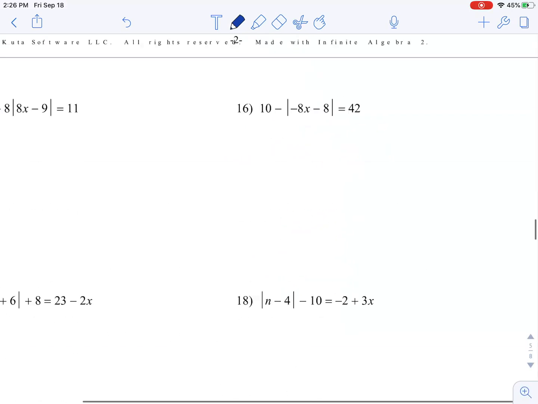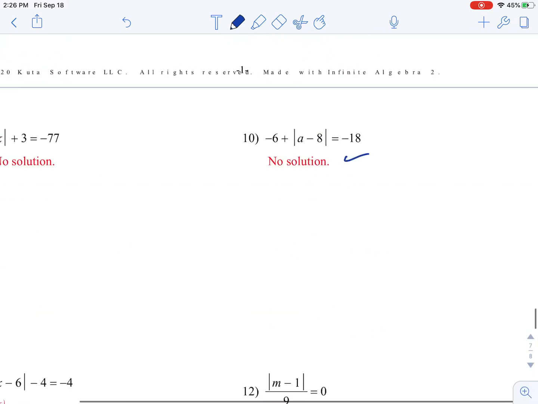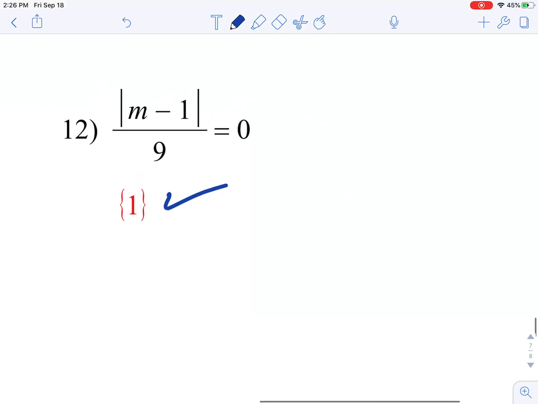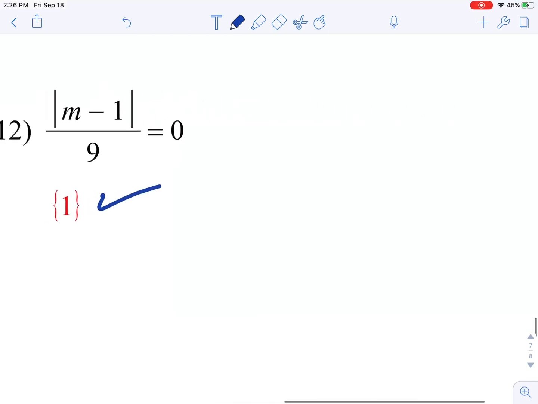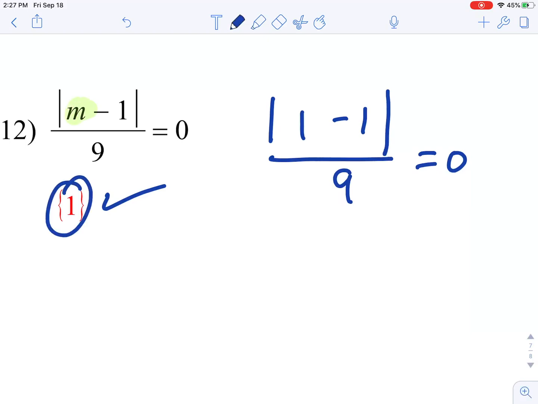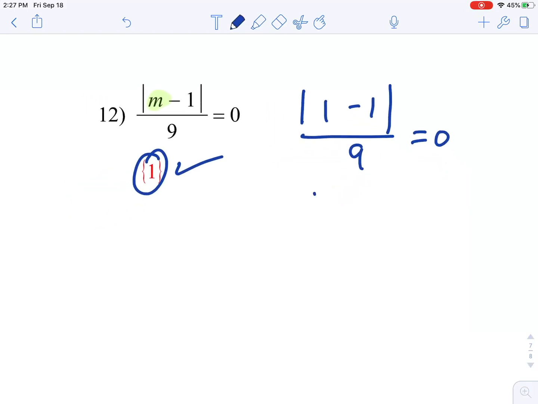Let's check number 12. There it is, and the solution is 1. Tell you what, let's do the old-fashioned kind of check as well. That's where you take the original equation, absolute m minus 1 divided by 9 equals 0. But instead of writing m, I put the solution in its place, 1, and then work it out. So sort of an order of operations thing. 1 minus 1 is 0.